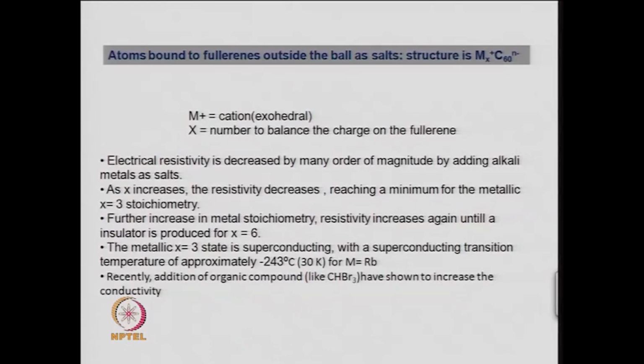So, if you have metal ions like potassium, rubidium, etc., you can also lower the resistivity by transferring electrons. Similarly, it has been recently shown that organic compounds can also be added to C60 to show an increase in conductivity or decrease in resistivity.